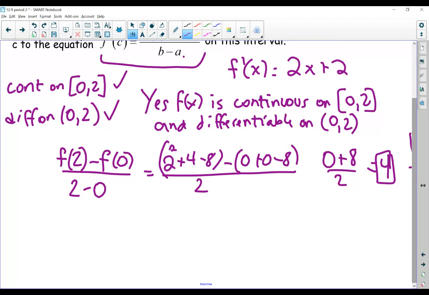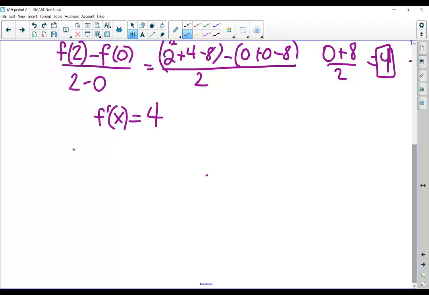If I want to figure out where the function has a slope of 4, I'm going to set my slope function, aka my derivative, equal to 4 to figure out what x gives me that. If I set my derivative equal to 4 and solve that, I get x equals 1. Now, is x equals 1 between 0 and 2? You better believe it should be.